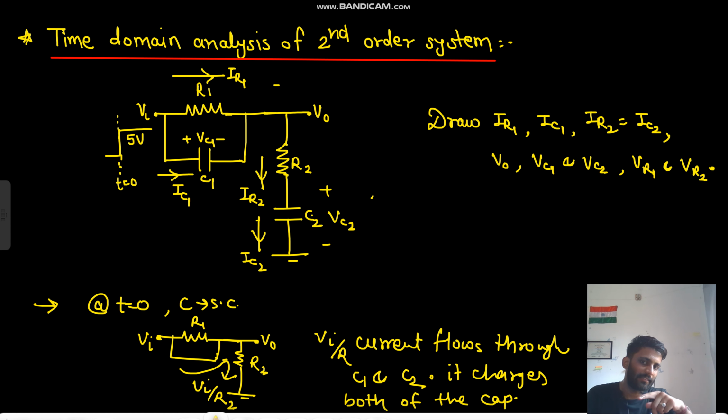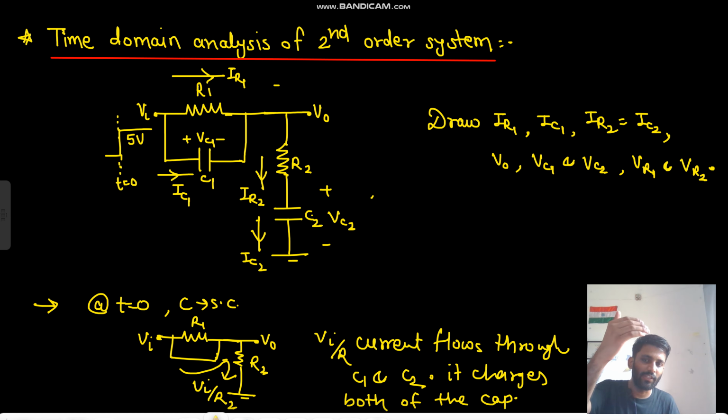Since the capacitor C1 is getting charged, this VC1 is increasing, and then your VR1 is also increasing. So the current is also increasing. So your IR1 is increasing. Since your VC1 is increasing and your V0 is V in minus VC1, then V0 is going down. Also, your VC2 is increasing.